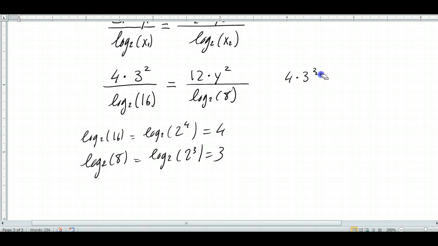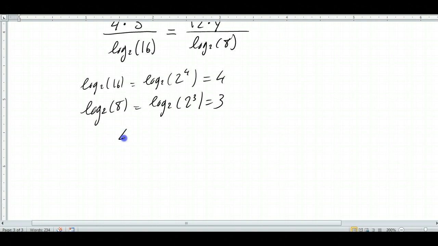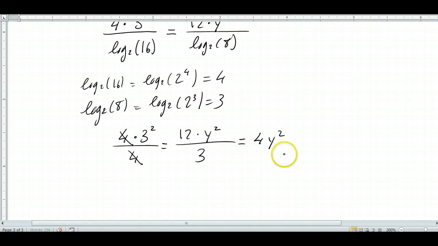What is this? Okay. Actually, I'm going to go right here. So we have 4 times 3 squared divided by 4 equals 12 times y squared divided by 3. So these are gone. 12 over 3, well, that's just 4, right? So this is 4y squared.